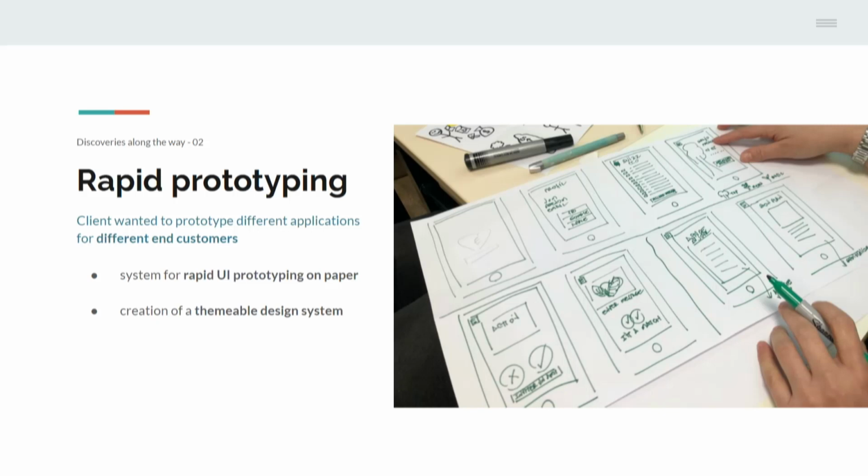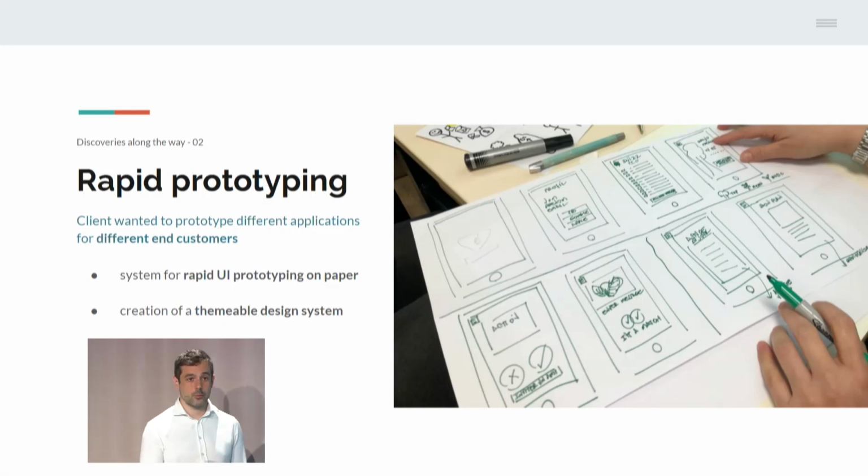For the rapid prototyping, we thought about creating a system for prototyping the UI very quickly on paper before moving to the actual application, and also about the creation of a themeable design system.